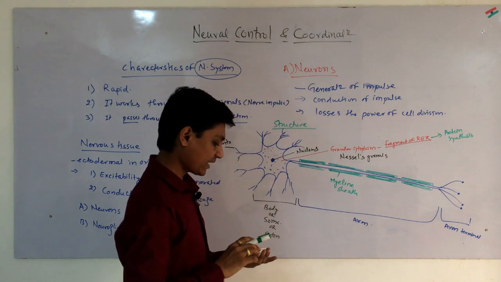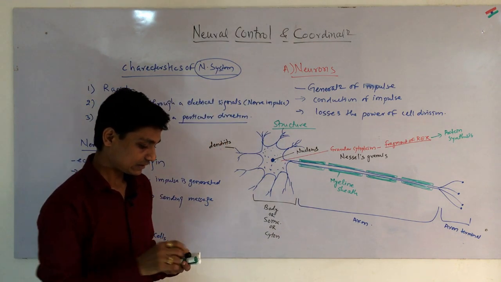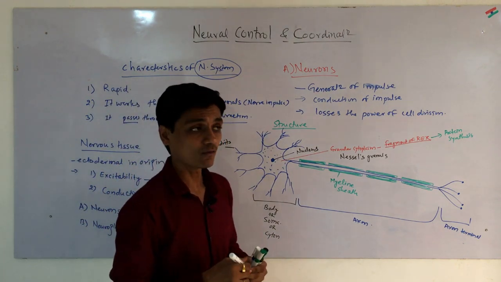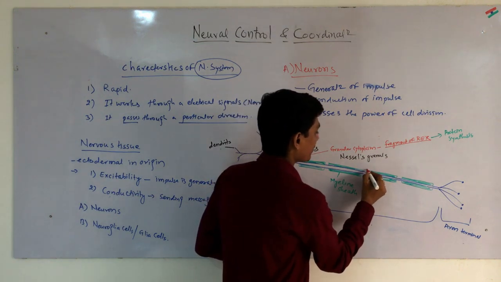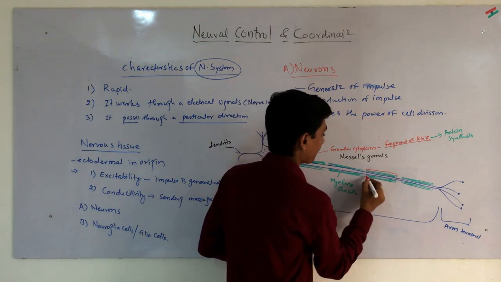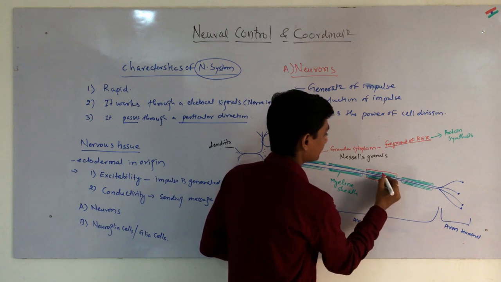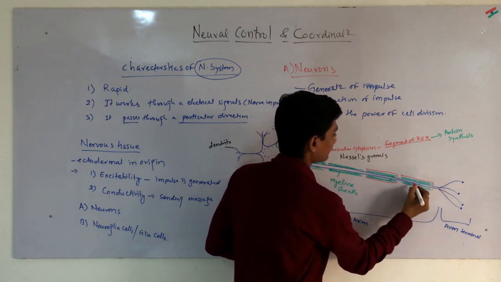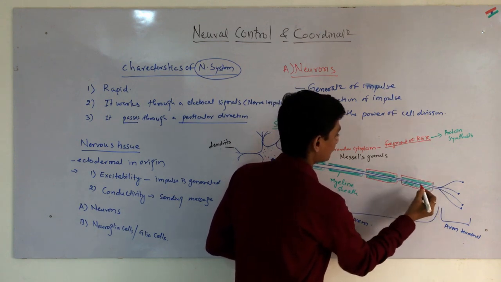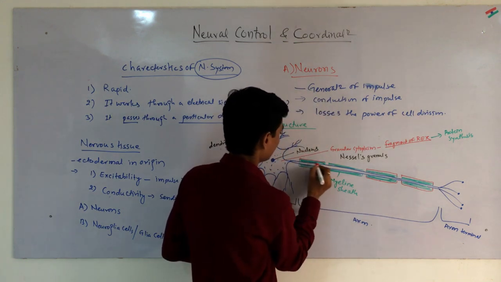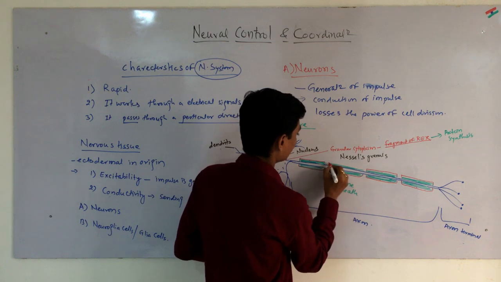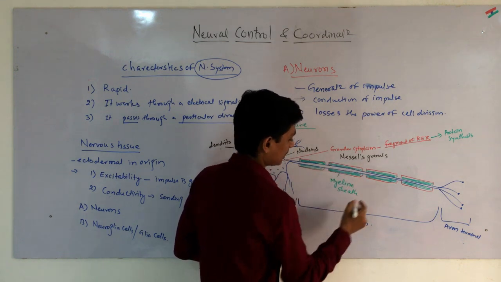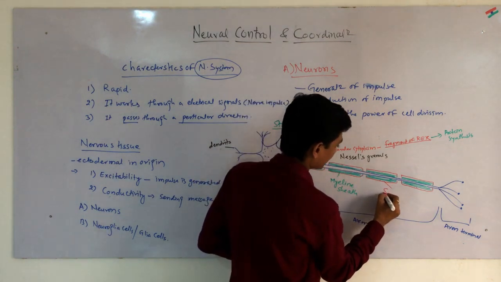Okay, and this myelin sheath is nothing but a secretion of some special type of cells known as Schwann cells. These are the Schwann cells.